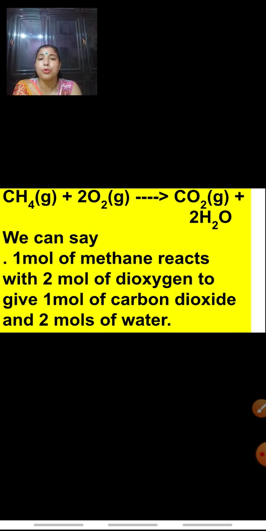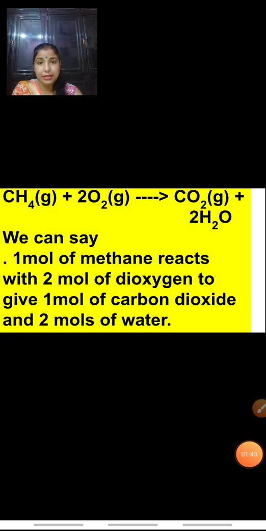Now, suppose you have a chemical equation in which methane undergoes combustion and results in the formation of carbon dioxide gas and water molecule. You all know methane is an organic compound.